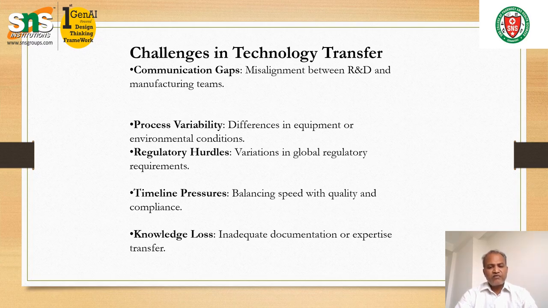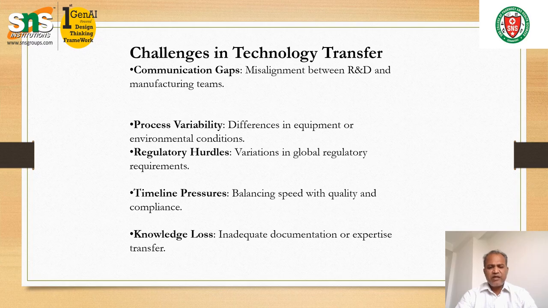Due to the global shift of the technology transfer, example, if one company is functioning in the Europe, the same company they are going to transfer the technology to the Indian company. So as an Indian company, they focus their process, and based on the Indian environmental conditions, they have to design the equipment. Next, regulatory hurdles. So based on the regulatory, we have to follow the rules, so whether it's FDA or EMA or ICH guidelines.